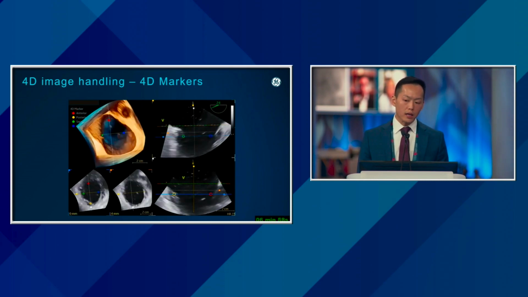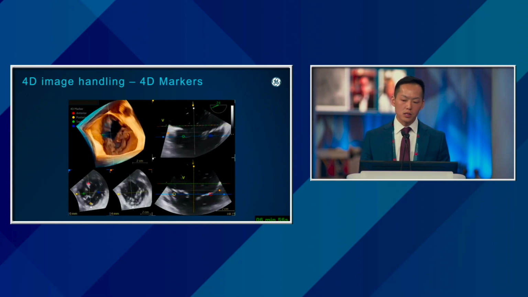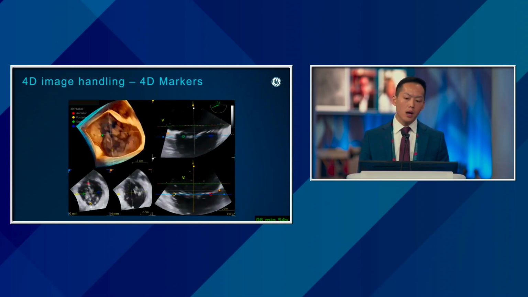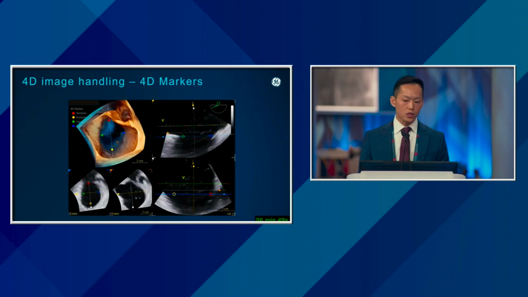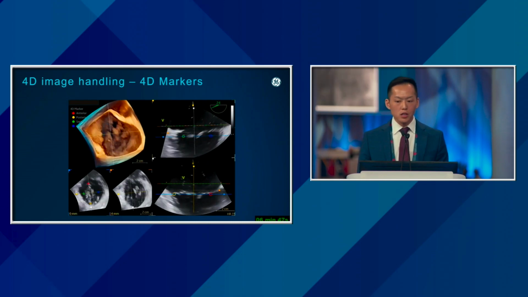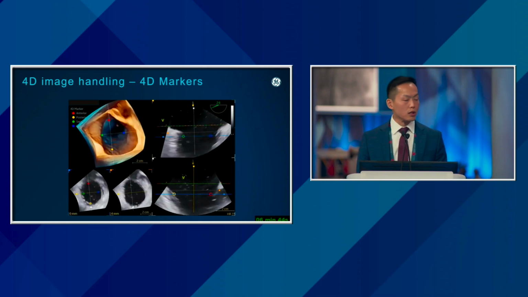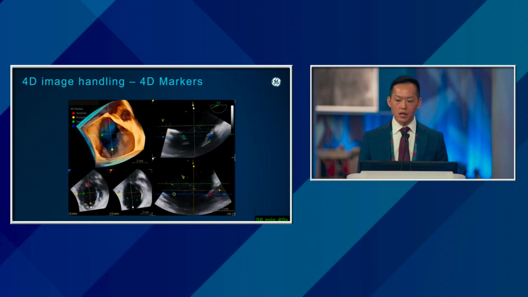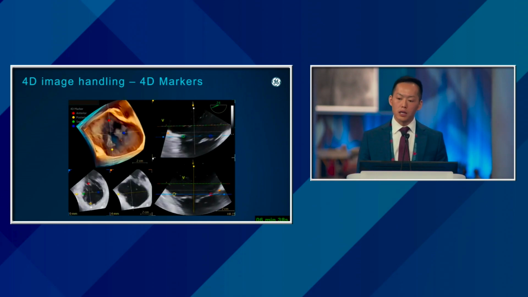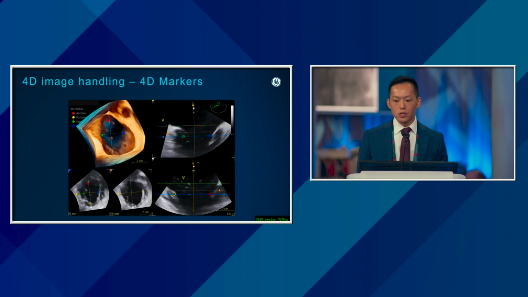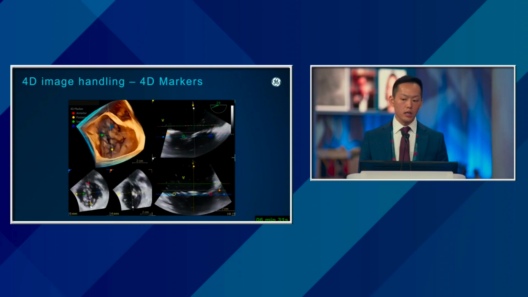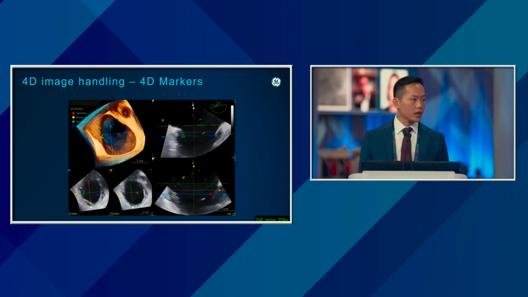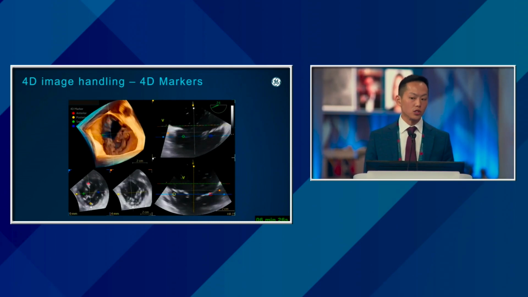The other sort of nice thing on this example here is this is a special MPR setup that was added more recently, where we actually are able to generate more than just the typical 3 planes that we see. So here you see there are 2 short axis views on the bottom left corner, and they can be placed at different levels on the valve, which is again really great in tricuspid, because if those leaflets are more tethered than what we're seeing here, we can place one level actually at the level of the leaflets, and then if we need to see the annulus, depending on the type of device or intervention, we can actually see that simultaneously.